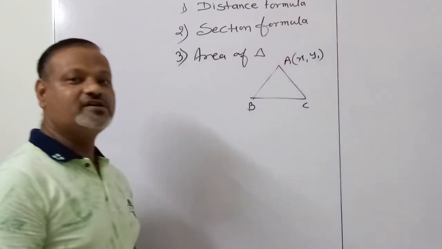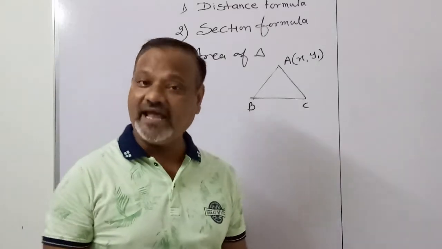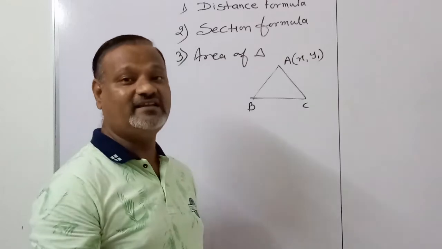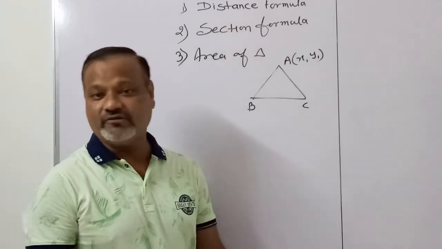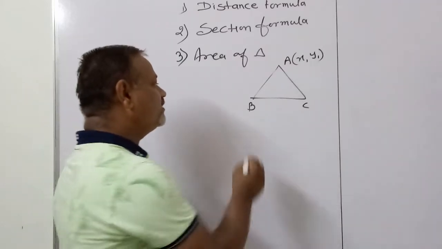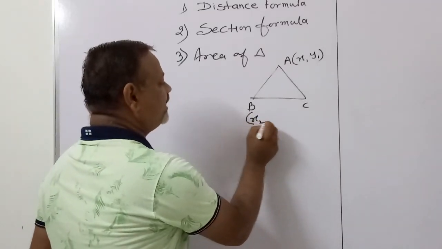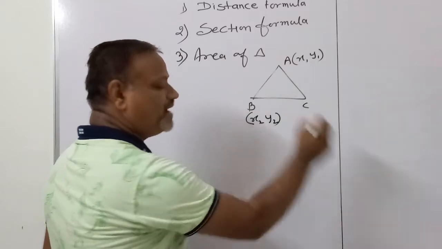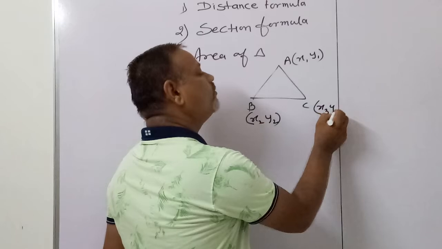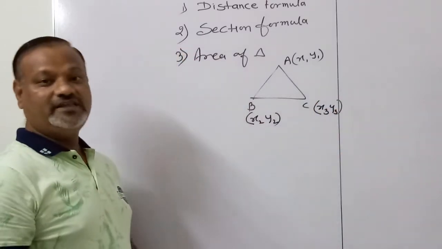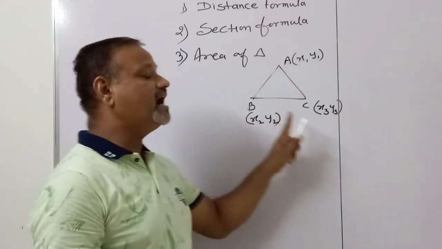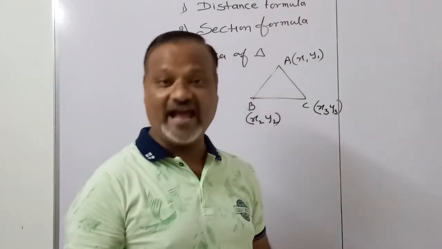Because A is a point in the given plane and every point in the plane has an x coordinate and y coordinate, because of its fixed position. Similarly, point B also has coordinate x2 and y2, and C has coordinate x3, y3. So these are the coordinates of the vertices A, B and C of the triangle.